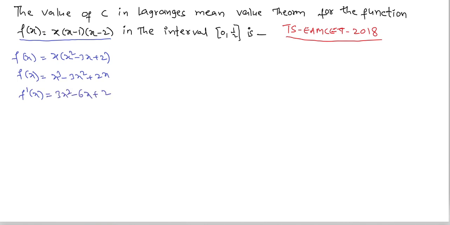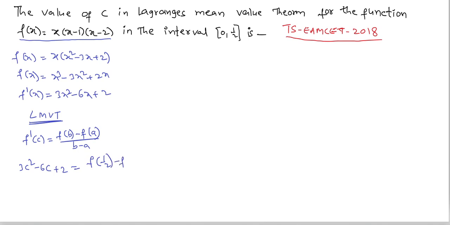So applying Lagrange's mean value theorem, LMVT, we know that f dash c is equal to f of b minus f of a by b minus a. So f dash c, that is 3c square minus 6c plus 2, is equal to f of 1 by 2 minus f of 0 by 1 by 2 minus 0.